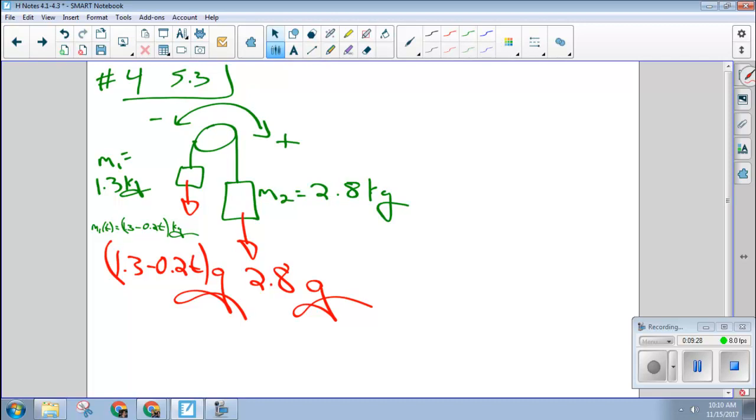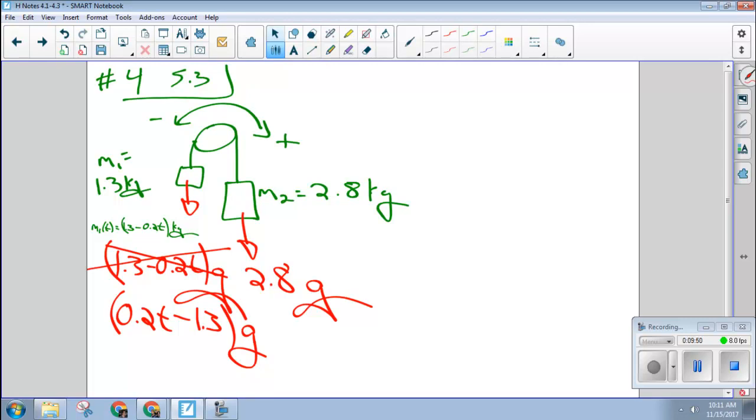I should make one of those negative, this one. If I make it negative, I can rewrite this as 0.2t minus 1.3 g. To make it negative, are we good?